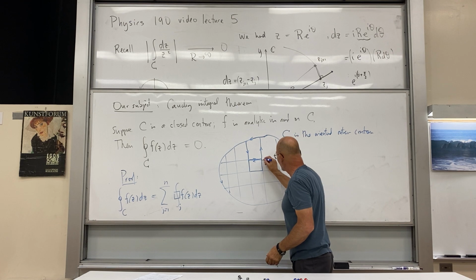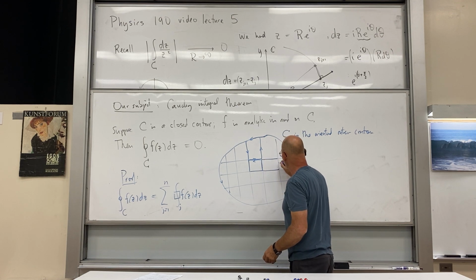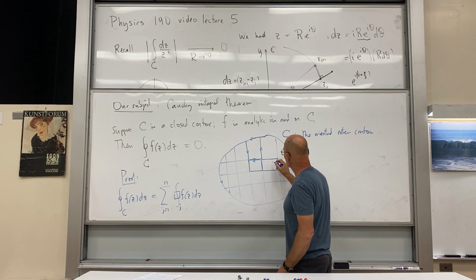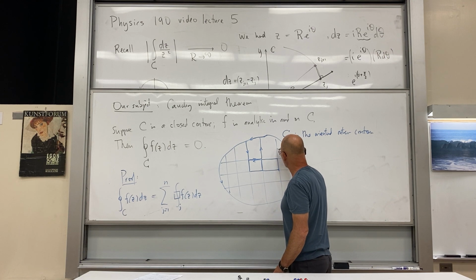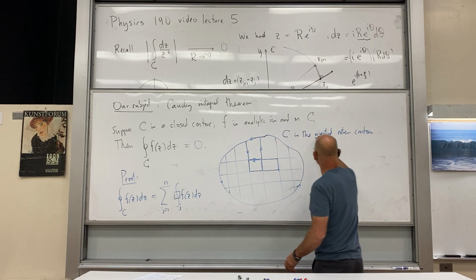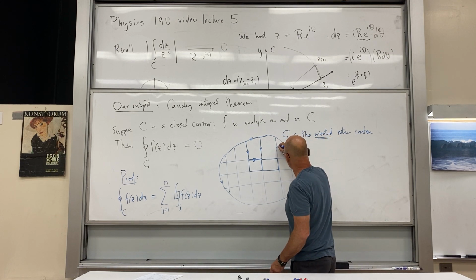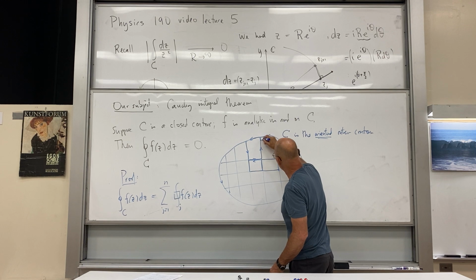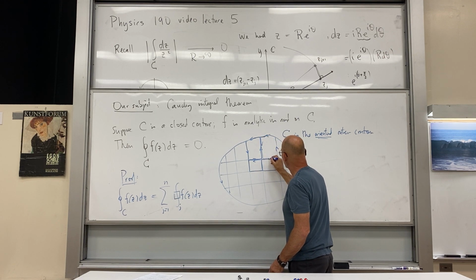And that happens everywhere. These all cancel out. Since they're always counterclockwise, that's the orientation. So we go up here, around here, down on this side, over on this side.